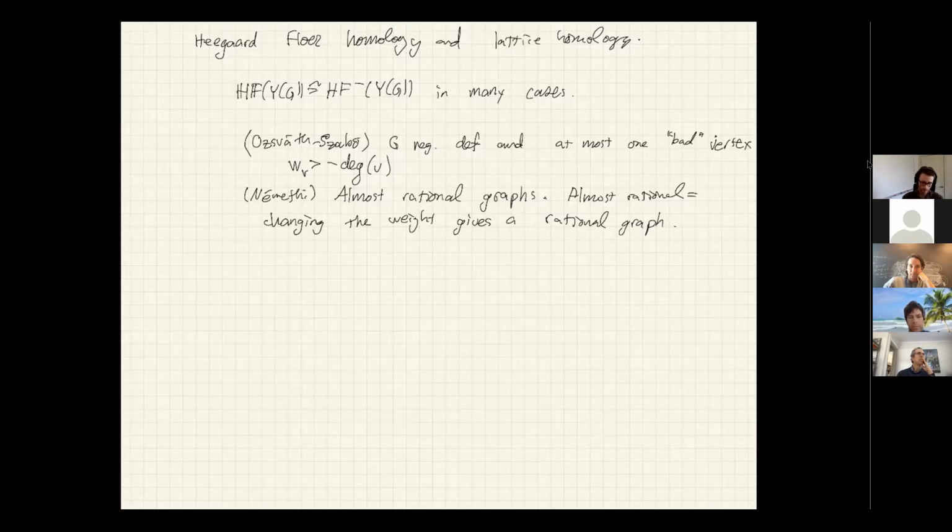And so Némethi also proved another perspective on rational graphs, assuming G is negative definite, then G is rational if and only if Y_G is an L space.